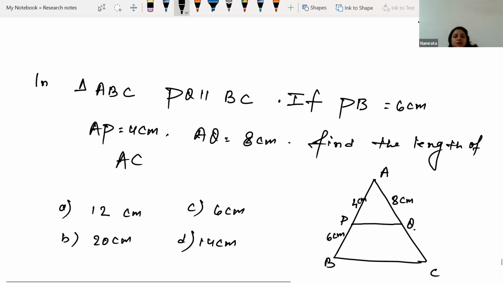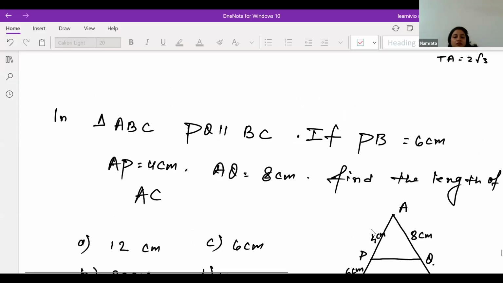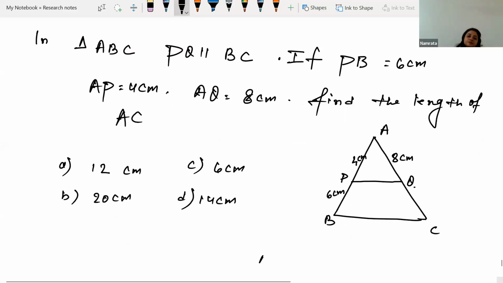Can we say that AP by AB is equal to AQ by AC, and then we can equate it by substituting the values? Let's substitute the values.